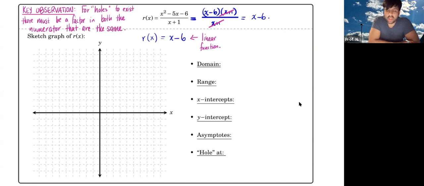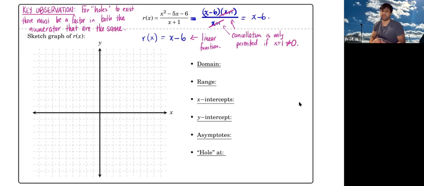So x plus 1 is a factor in both the numerator and denominator and they are canceled, but this cancellation is only permitted if x plus 1 does not equal 0.